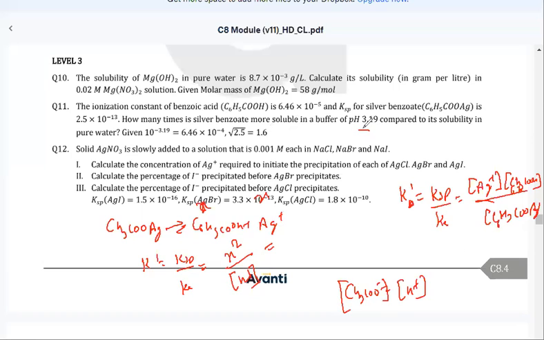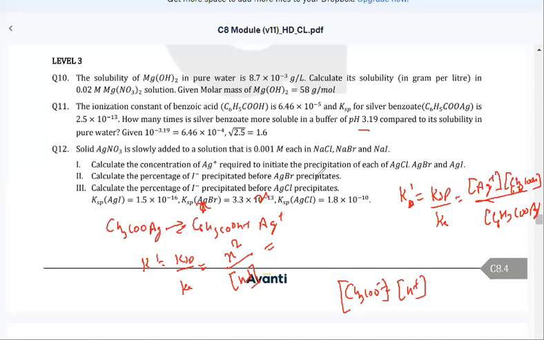Again, it is a difficult problem, right? From the value of X, you can get the solubility. Okay, everyone, tell me, yes or no?